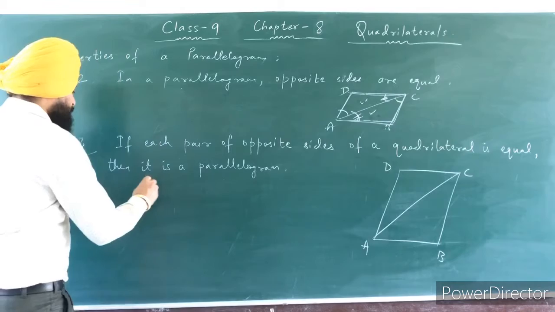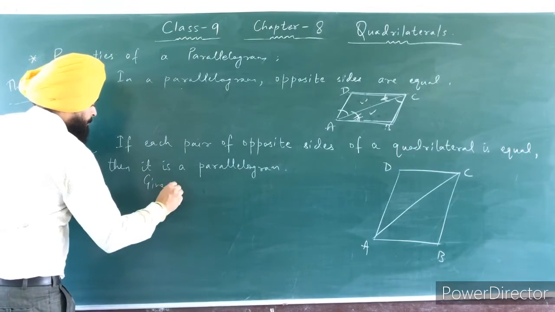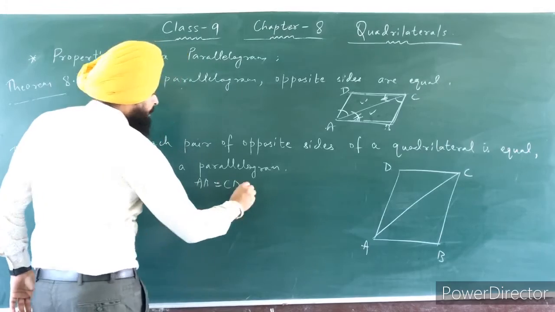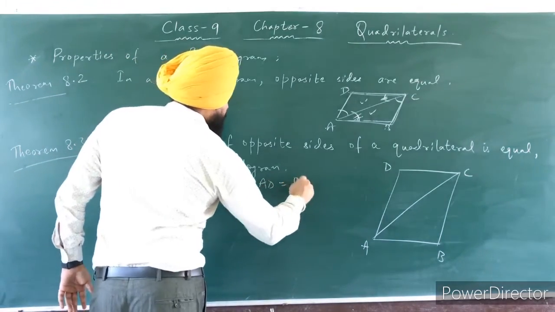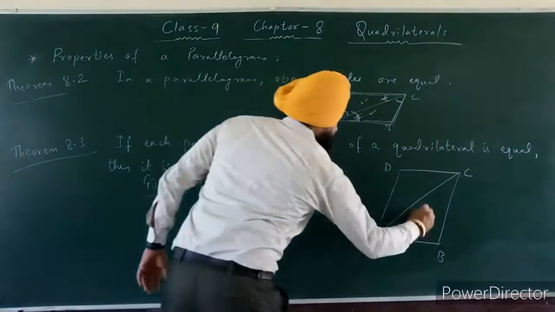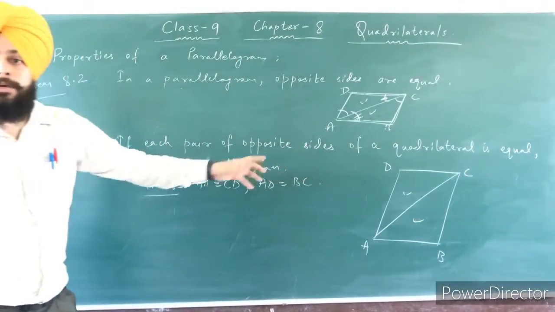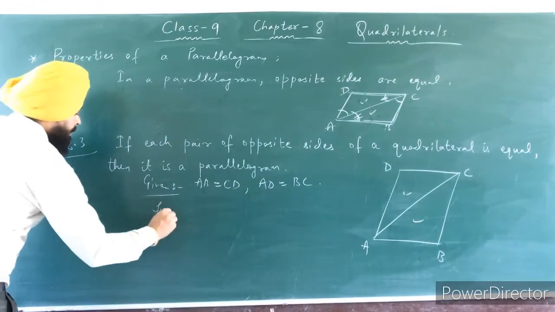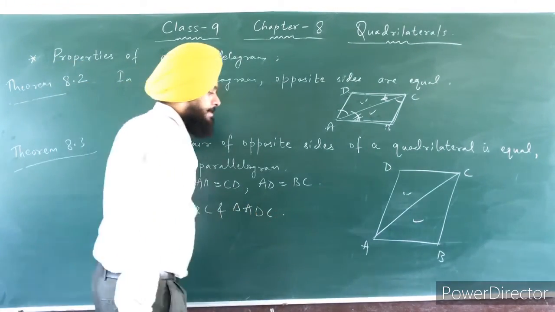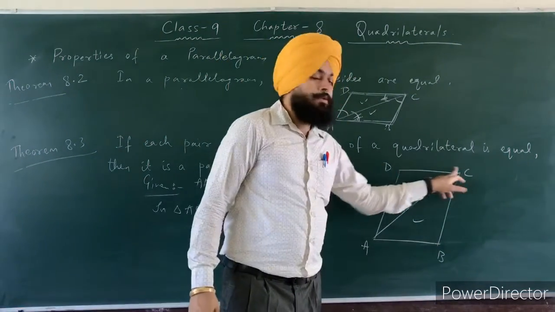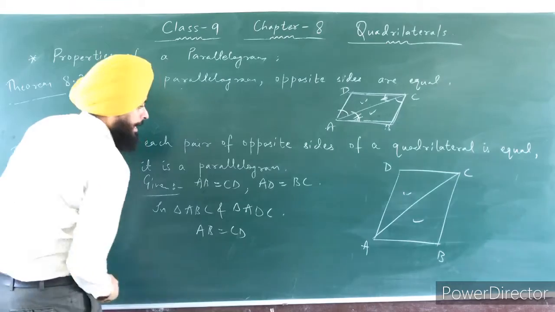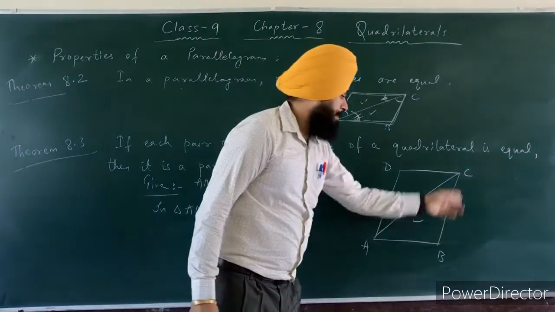So first you can write given: AB equal to CD and AD equal to BC. So you can take these two triangles. Again you can prove these two triangles what? Congruent. In triangle ABC and triangle ADC, the first is AB equal to CD, and second is AD equal to BC.